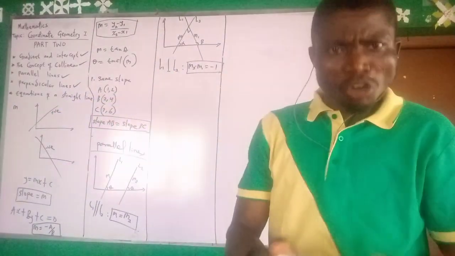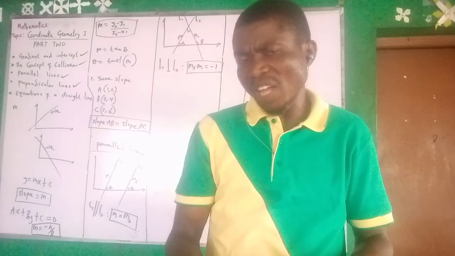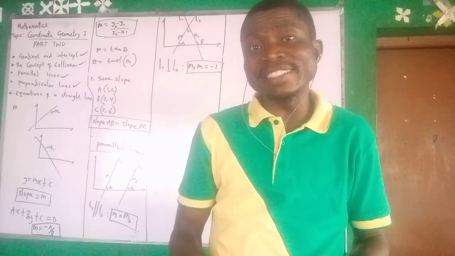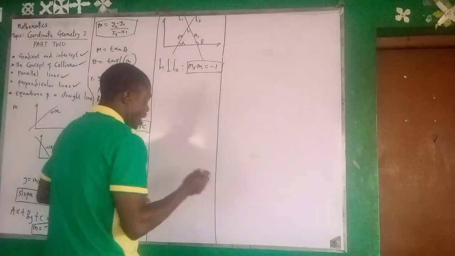Now, 2 lines can intersect at an acute angle, that is an angle less than 90. And then Jamb will expect you to find the tangent value of that acute angle. Let's look at the 2 lines here.